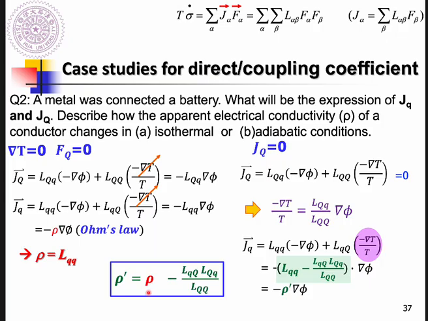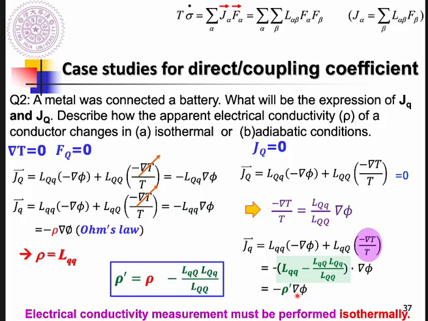So what does it tell you? It tells you that if another driving force exists in this material system and you use this system to get your electrical conductivity, you are going to underestimate it. It will become your electrical conductivity minus an extra term, which is correlated with the coupling coefficient and kappa T. So as long as you want to measure the electrical conductivity correctly, make sure only one driving force, the electrical potential gradient, acts on your material.